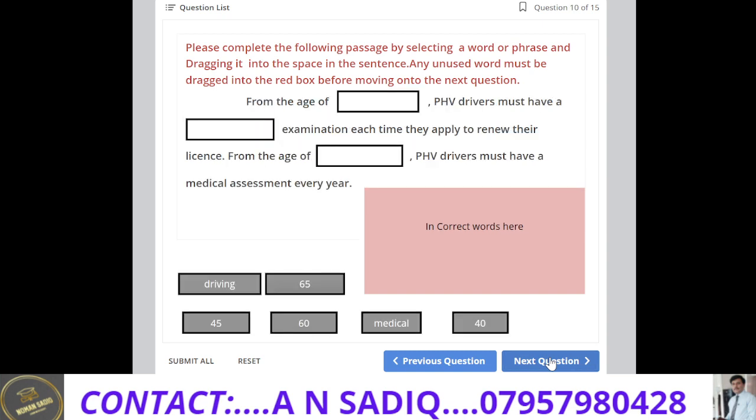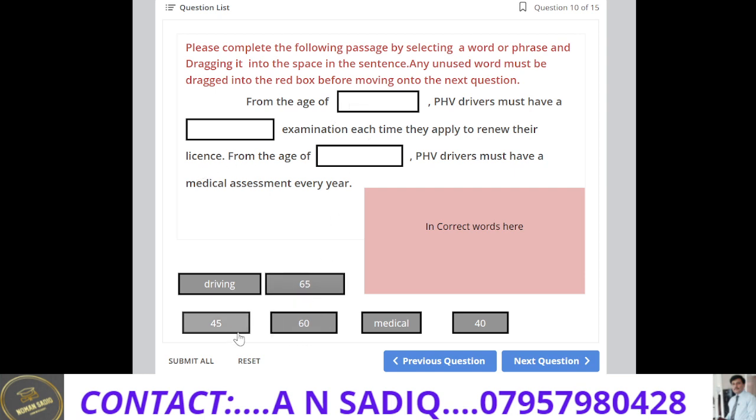Then the next question. This is question number 10. But I am requesting all of you to read the book first. Now this question says "from the age of", so you have to put the age: either 65, 45, 60 or 40. PHV drivers must have, there is a gap, examination each time they apply to renew their license.